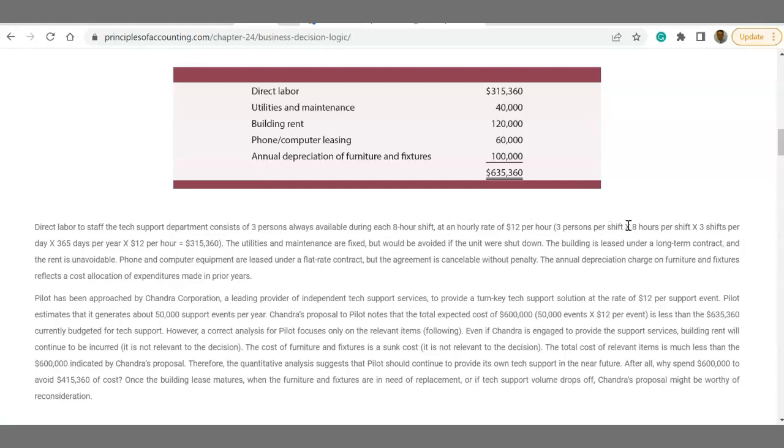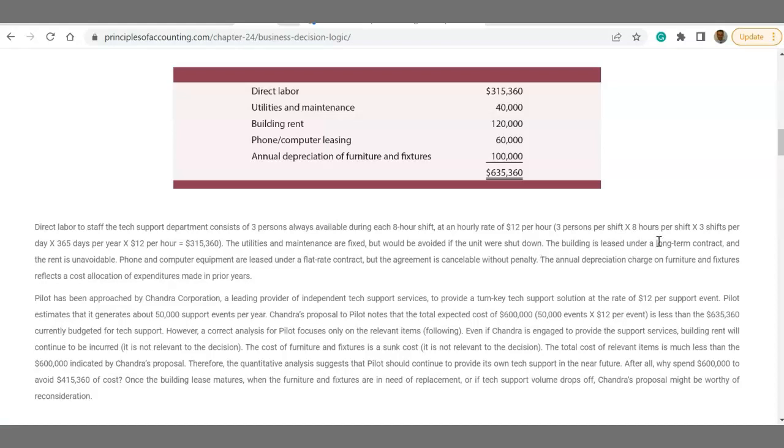So 3 persons per shift times 3 shifts per day times 365 days times $12 per hour. That ends up to be $315,360. Okay, got it.